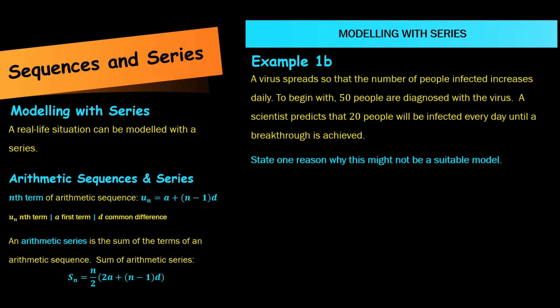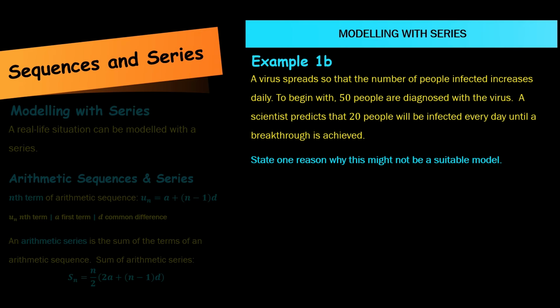And now for part B. We are required to state one reason why this might not be a suitable model. So let's solve this. Notice that the scientist has been predicting that 20 people will be infected every day until a breakthrough is achieved. Now 20 people is a very precise number.